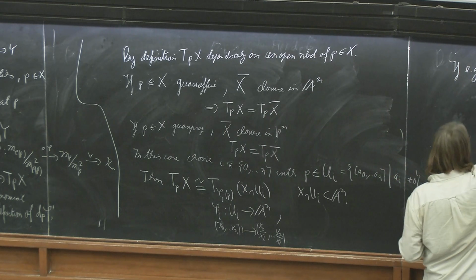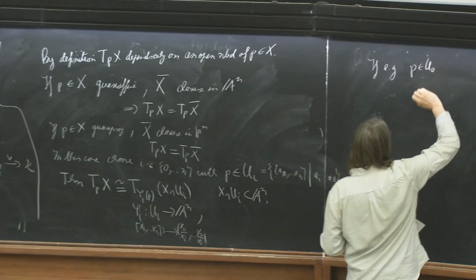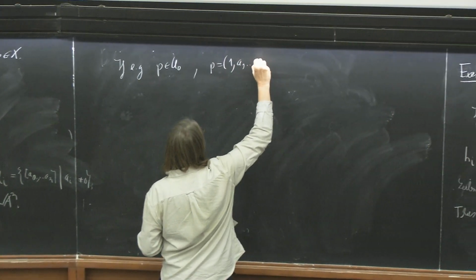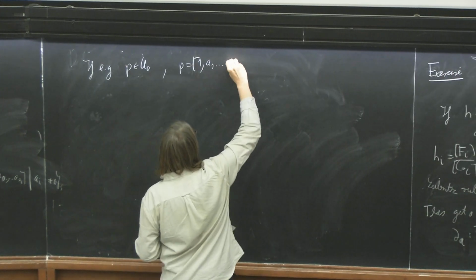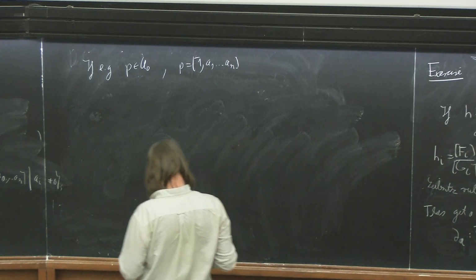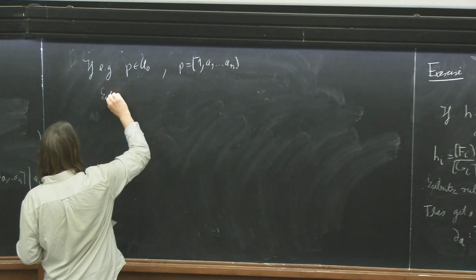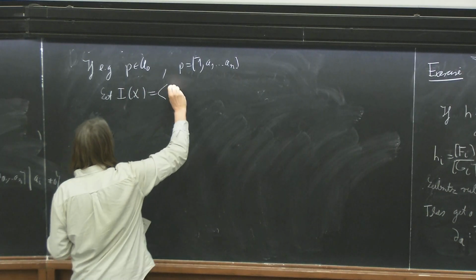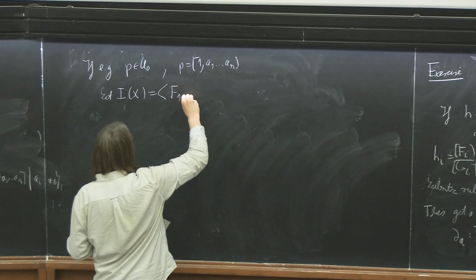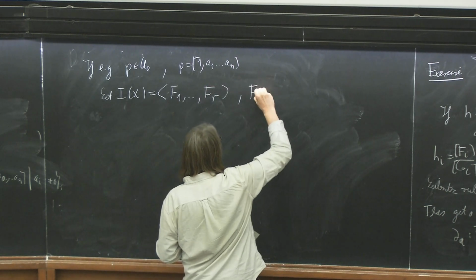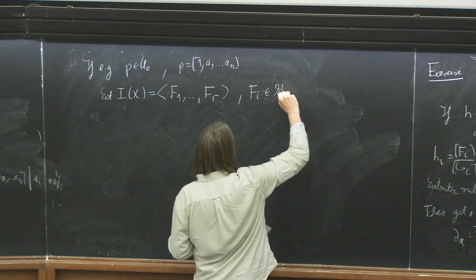So assume P is in U_0, so you can write P equal to (1, a1, ..., an). Let X be given by the ideal generated by F1 to Fr, where the Fi are homogeneous.